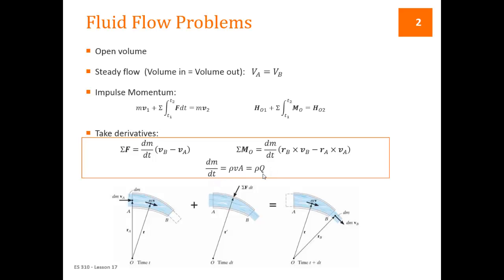So Q here is the volumetric flow rate, which is typically measured in terms of volume, so meters cubed per second, or foot cubed per second.